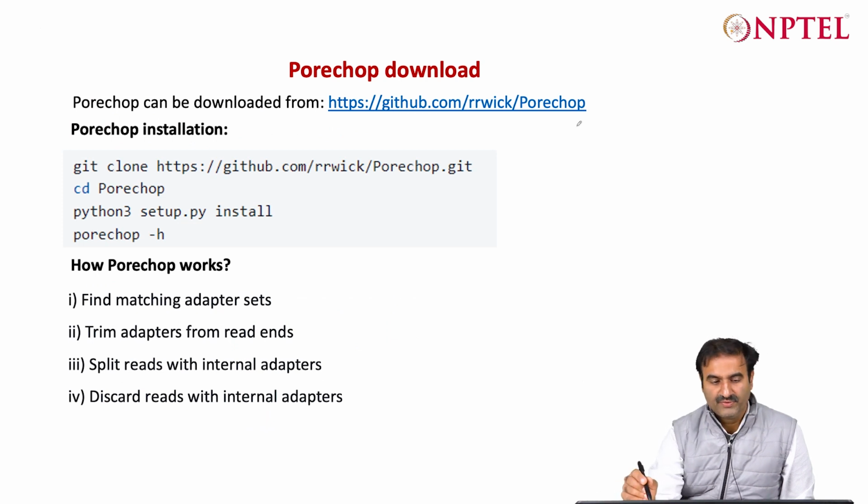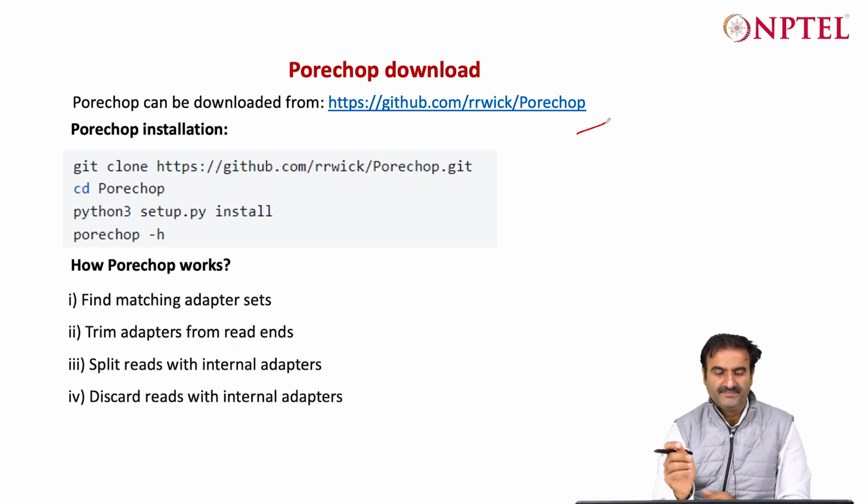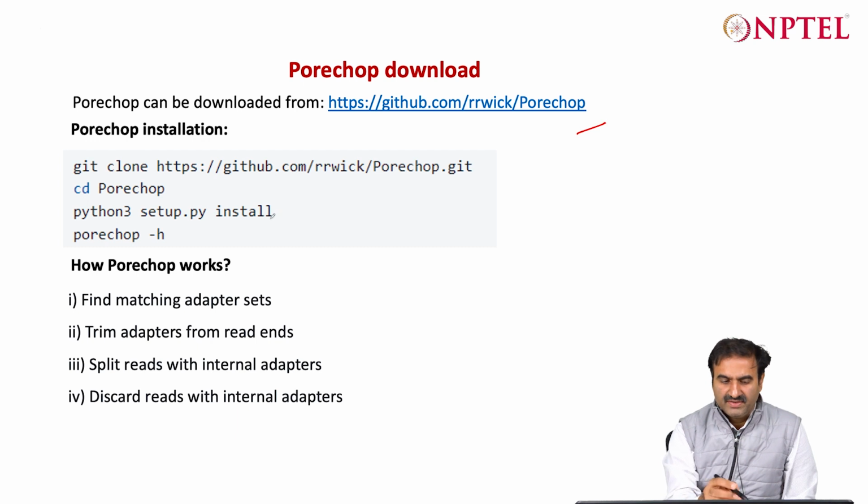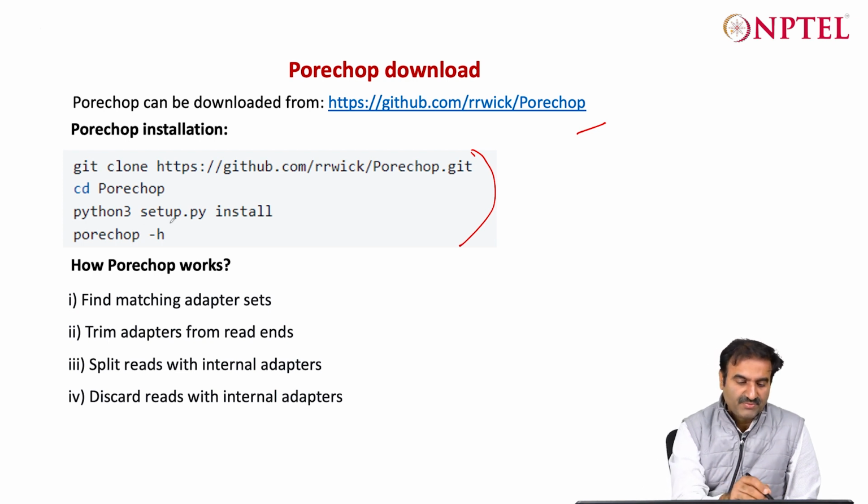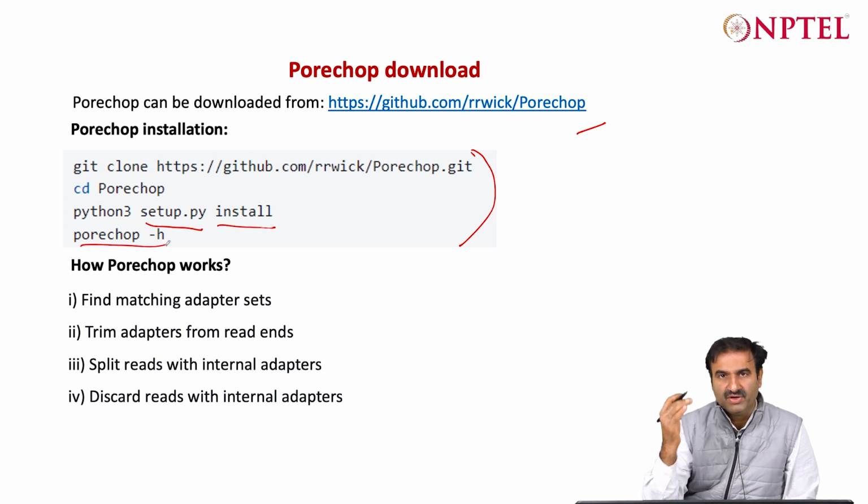Okay, download from this site, and basically this is the same as what we have done in Linux for the installation steps. Okay, so you will also get this information from the readme file. It's a Python based program, so python3 setup.py install, and basically porechop -h will display all the commands.